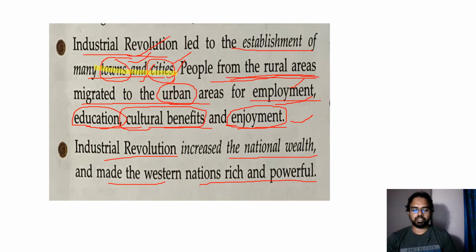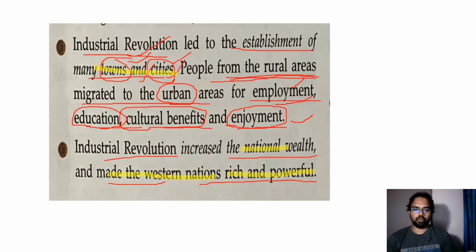When the people's incomes rose, definitely they contributed a lot to the taxation of the governments, and the governments became more wealthy, which is to say the nation became more wealthy, and this made the Western nations rich and powerful. When more and more people got employment through these industries and factories, they had better wages and incomes, and when their incomes rise, definitely their standard of living rises.